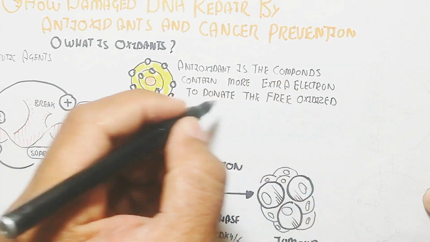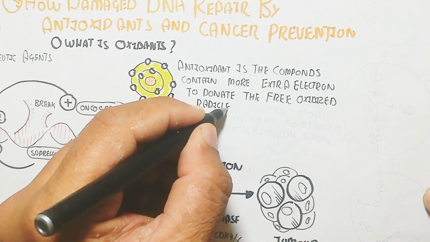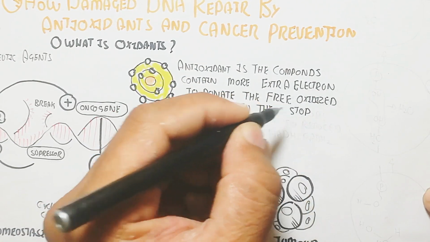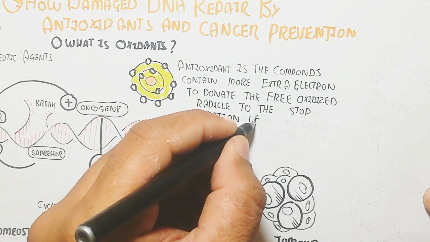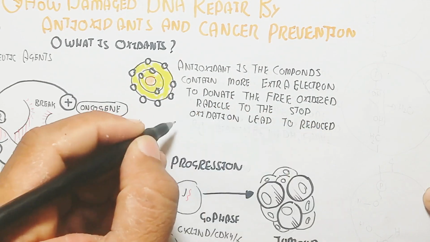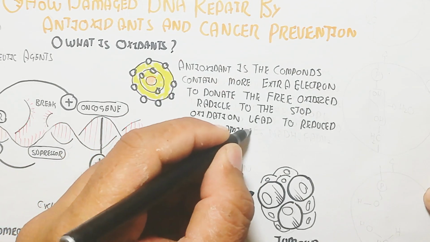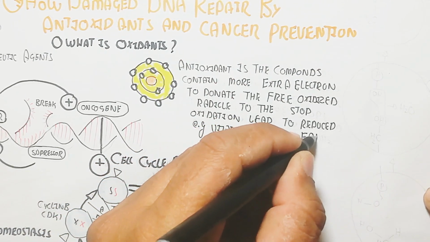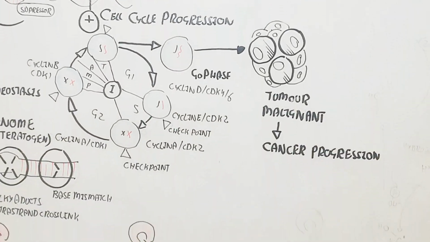The best examples are vitamin E, NADH, FADH2, and a lot more. Remember that the antioxidant has a rich saturation of electrons in its shells, and it donates free electrons to the free radical to form a lone pair, so the electrons are in pairs and no reactive oxygen species or reactive free radicals will occur.